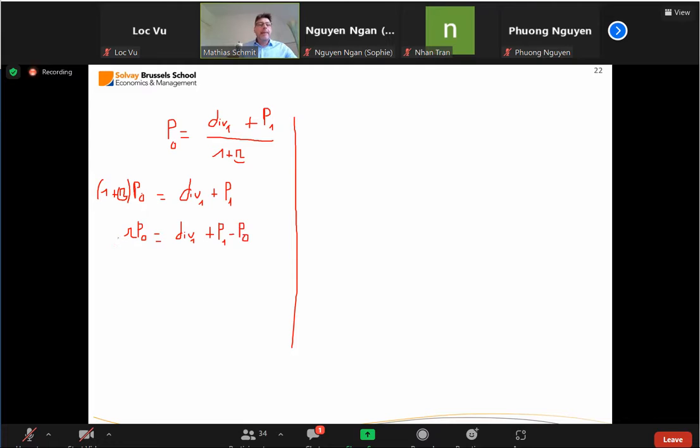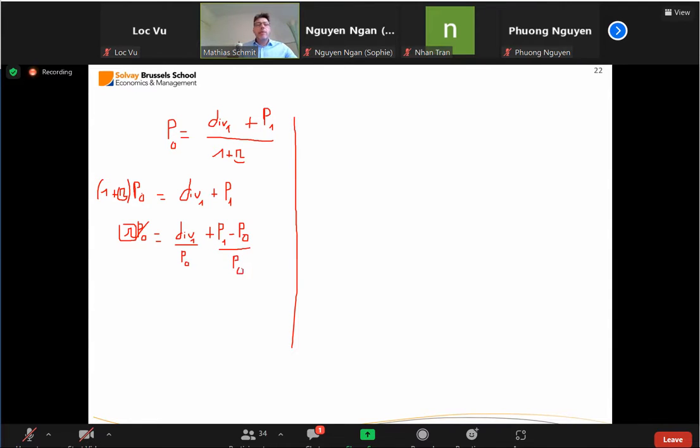And to get the expected rate of return, because it's what I want to calculate, R is dividend 1 divided by P0 plus P1 minus P0 over P0.